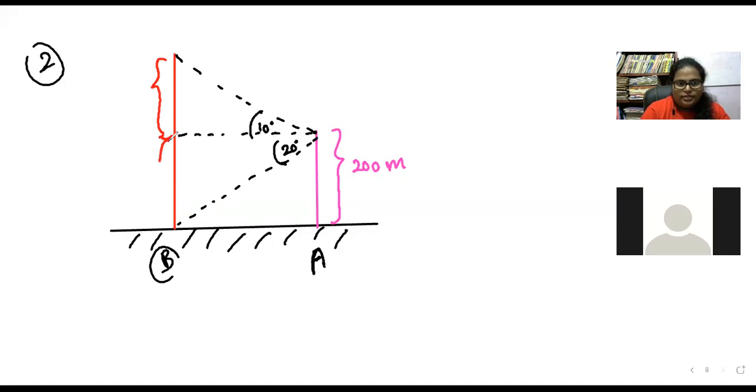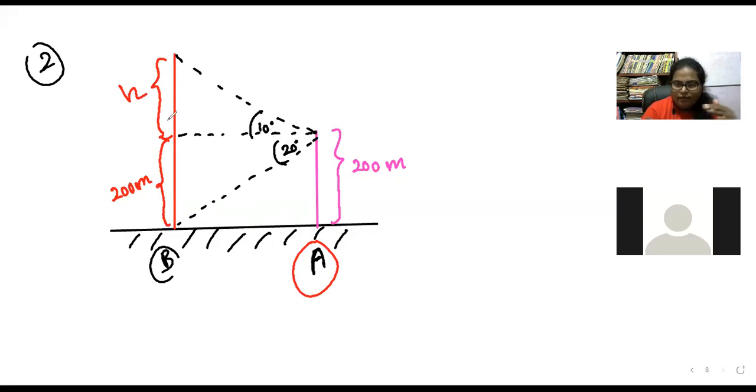So you know that this height is 200, because it is same as the height of the first building A. And you have to find this H length.